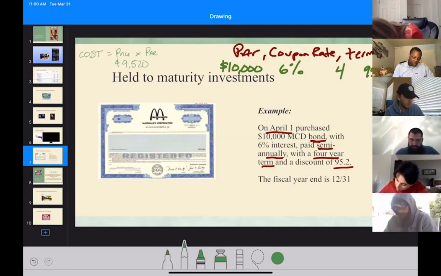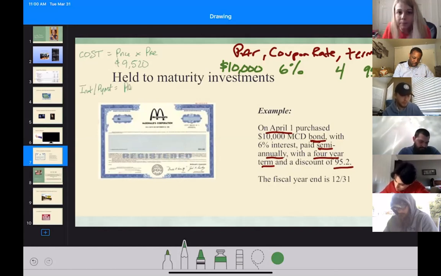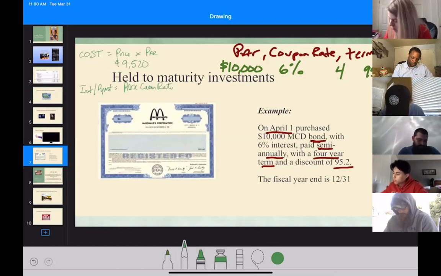So that's the cost. How much interest are they going to earn each payment? It's the par times the coupon rate. 600.